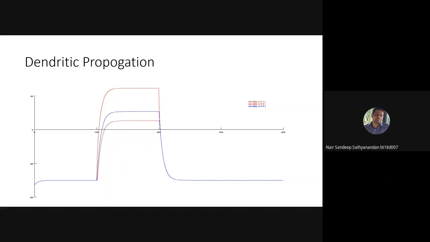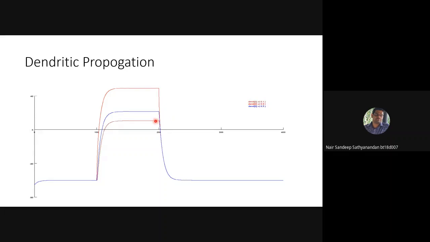Let me use a pointer here. So 0.9 is the location where we provided the stimulus, and we can see that the potential is quite high. And as it is propagated towards the soma, at 0.1 the signal value is quite low.